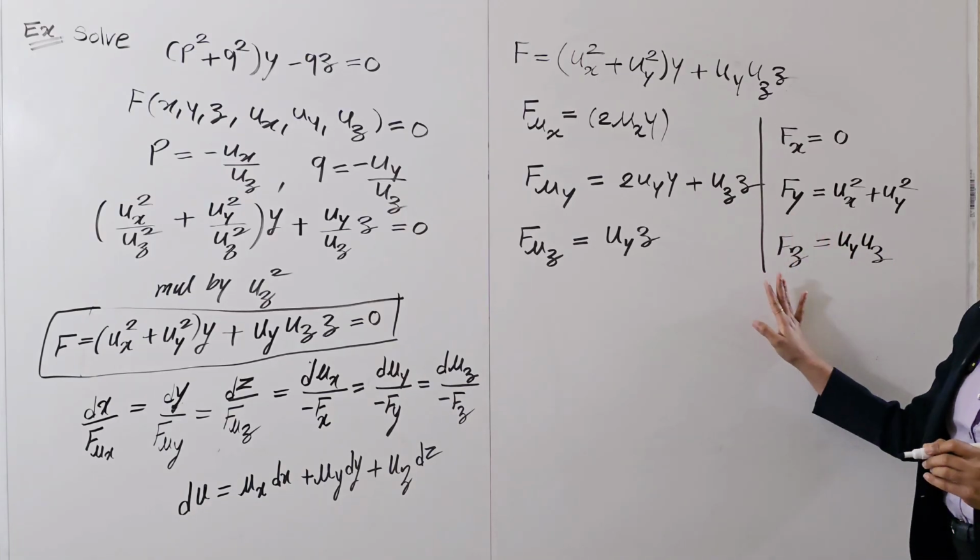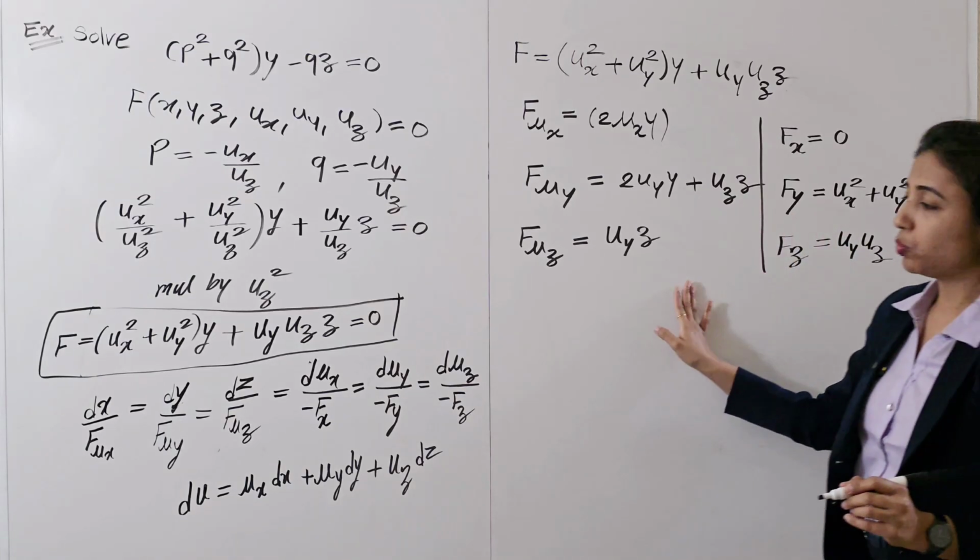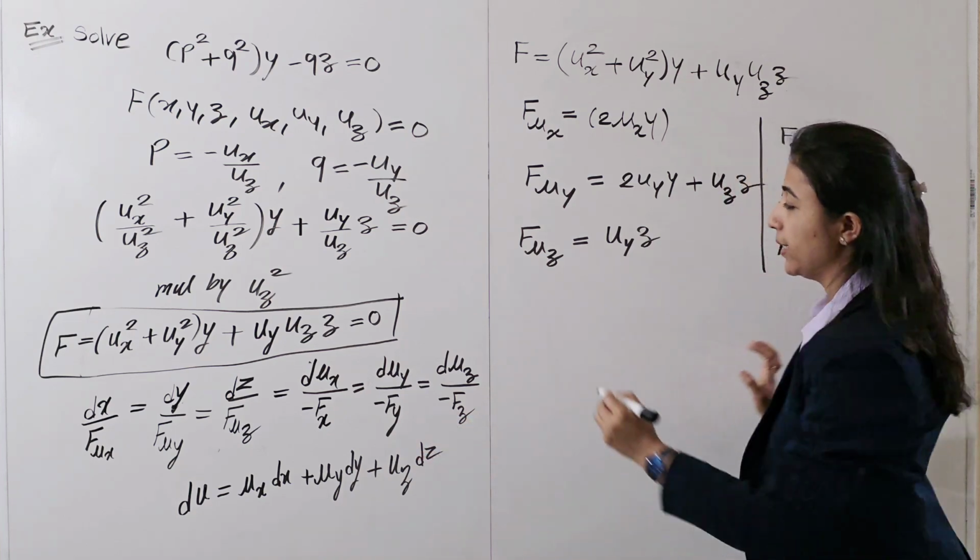Now we have all 6 derivatives, so put these values in the Jacobi auxiliary equation.